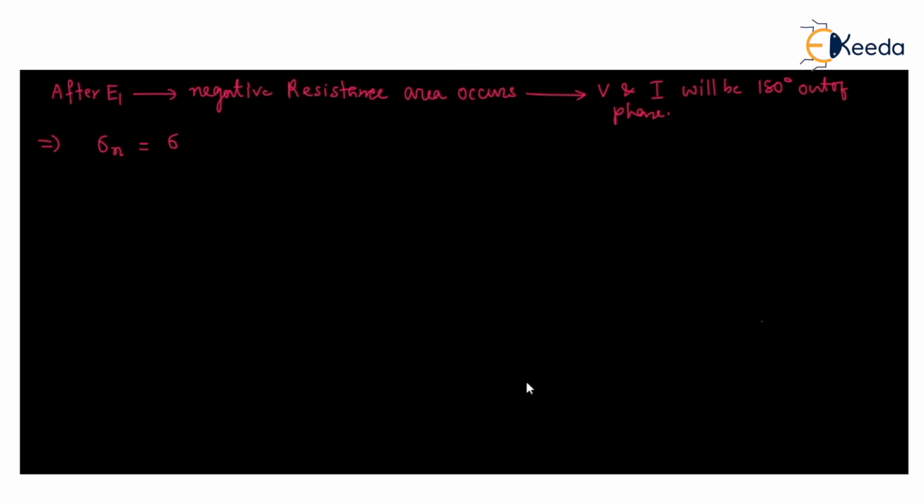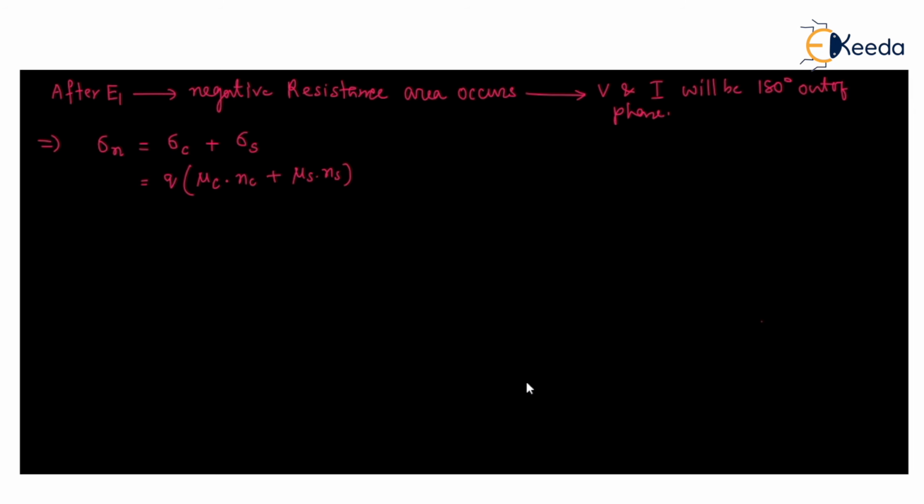So let us denote the conductivity due to the electrons of the central valley as sigma c, and the conductivity due to the electrons of the satellite valley as sigma s.